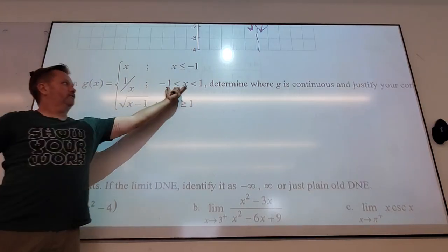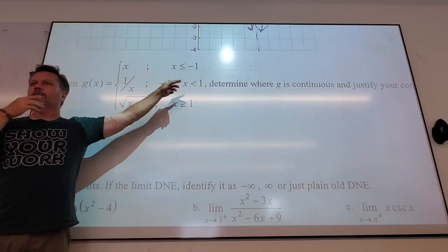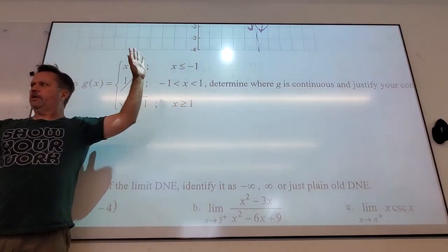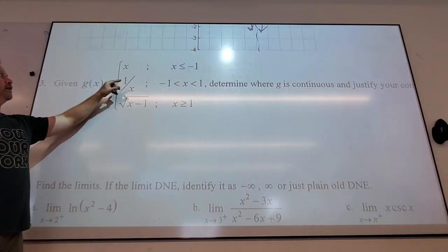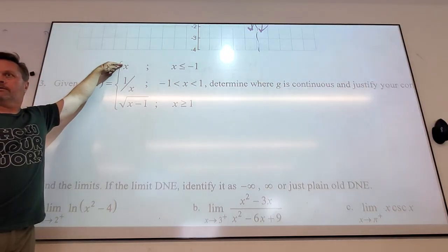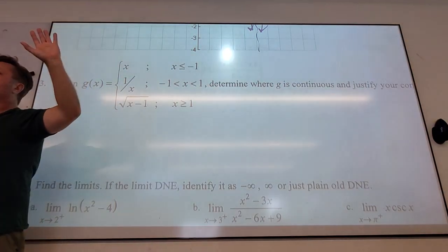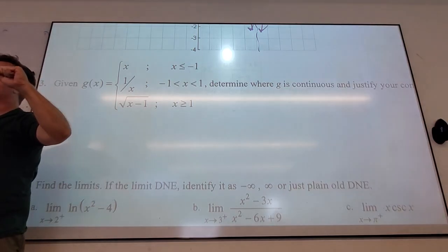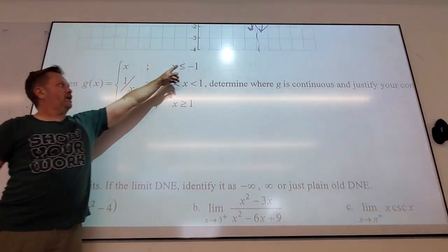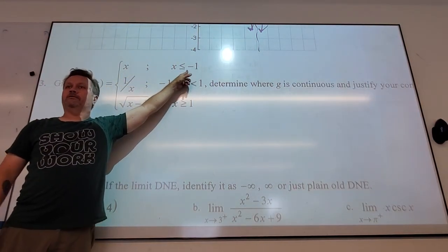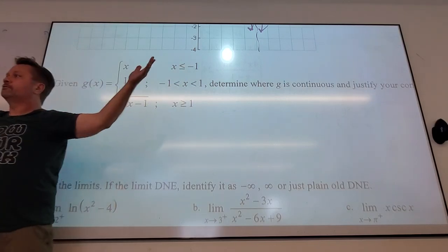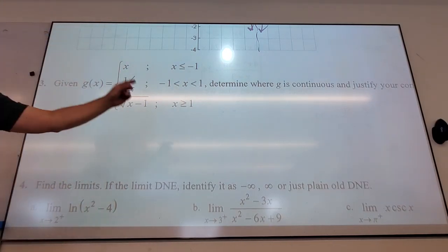The domain for this piece includes 0. You with me? If this was here, 0, if these switched, 0 would not be an issue. Do you see that? Because if I put that there, am I even trying to put 0 in? No, then it's cool.